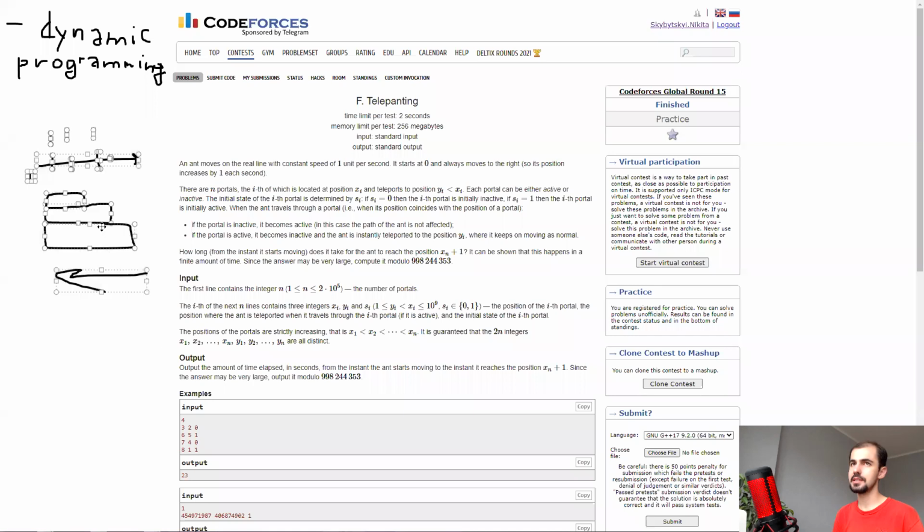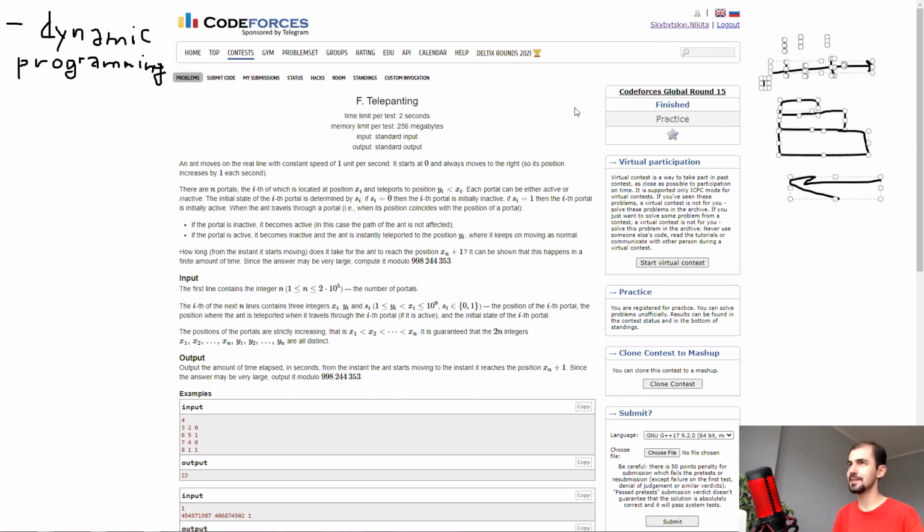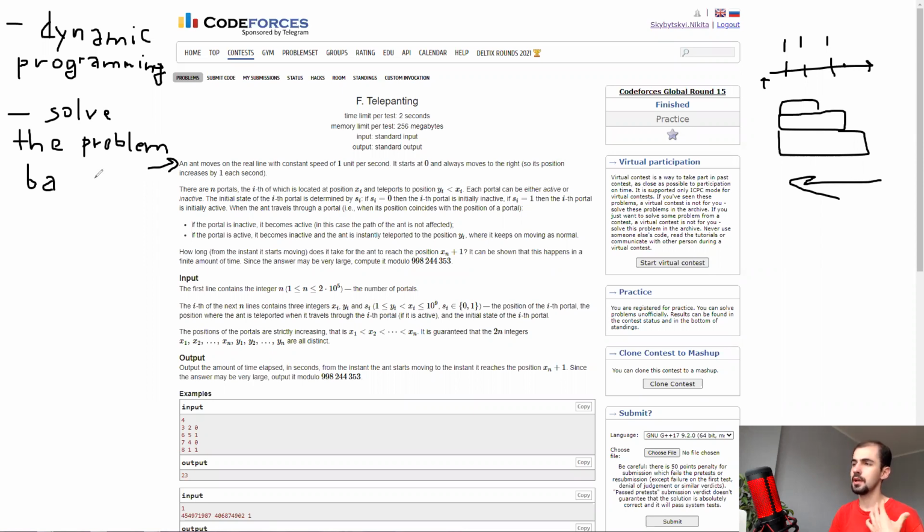This is an idea that is more mathematical than programming, I think, but I would state it as: solve the problem backwards. If you can't do something in the original order, we may want to approach it backwards. It is specifically applicable to problems where you have a process where something changes.